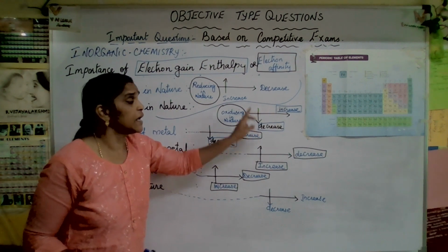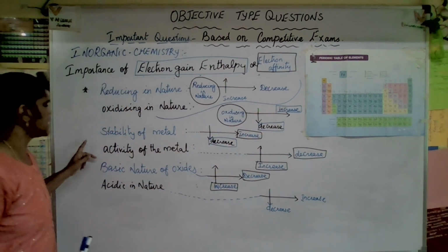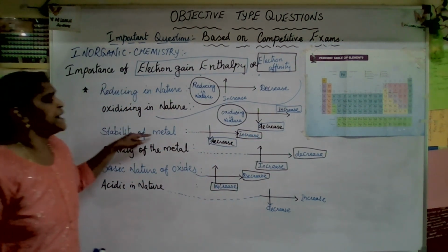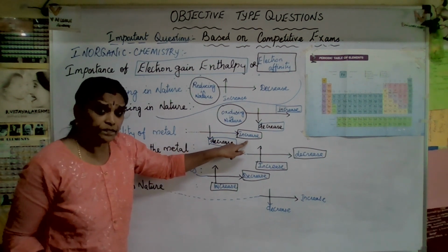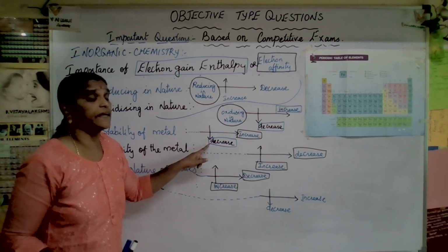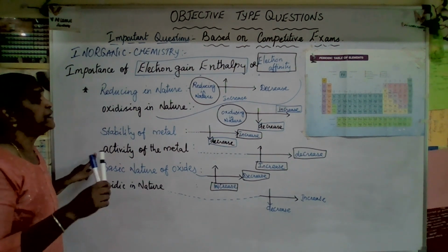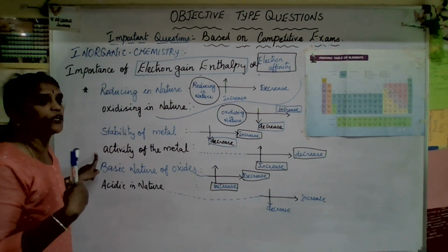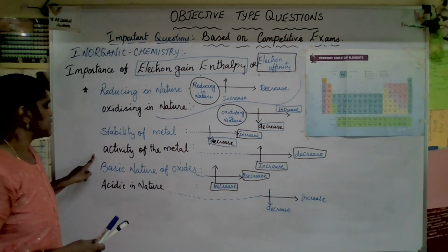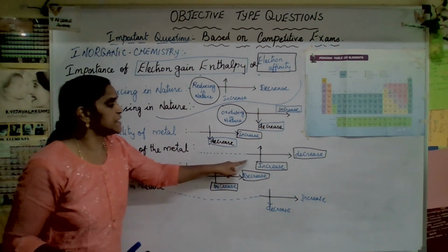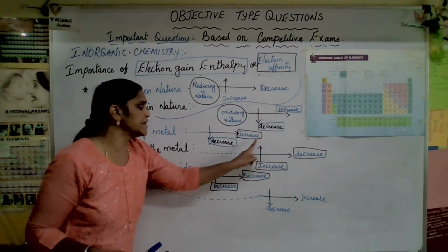See that arrow, it decreases in the group. In the same way, stability of metal increases in a period and decreases in a group. In the same way, activity of metal, that means its reacting ability, decreases in a period and increases in a group.